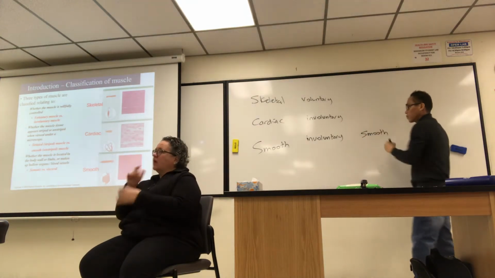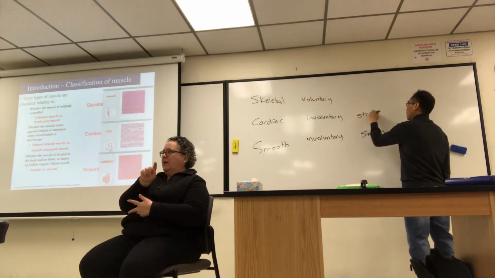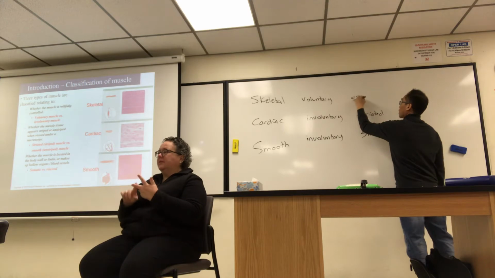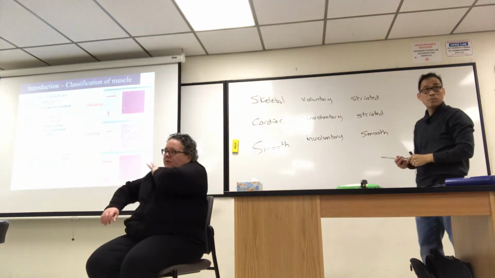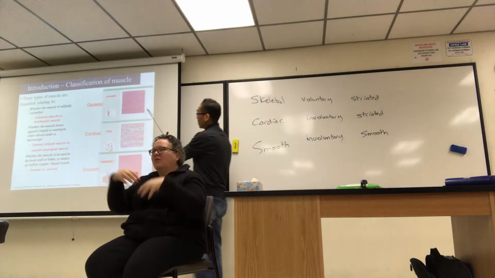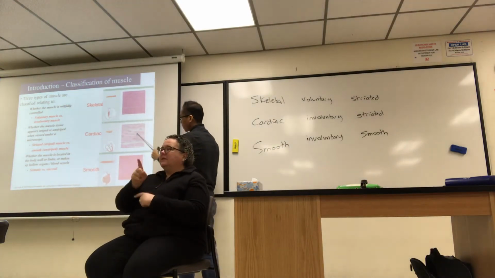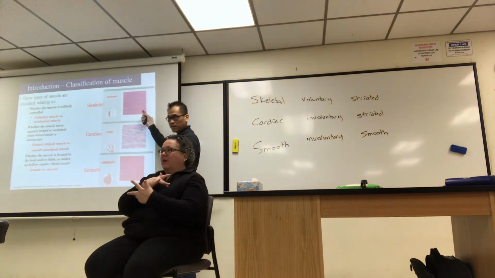The other two are striated. Just like the pictures show. Okay, I mean, it's hard to see with the lights on. There is a band in here for the skeletal and for the cardiac. That's what we want you to see. We'll look at better pictures of these later.